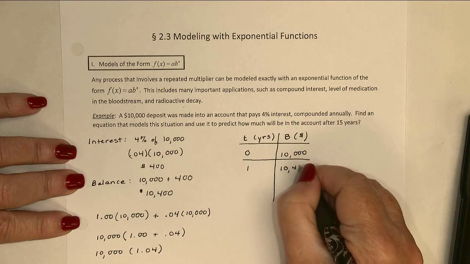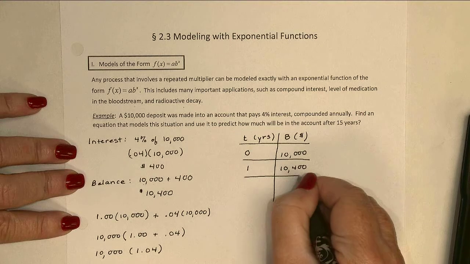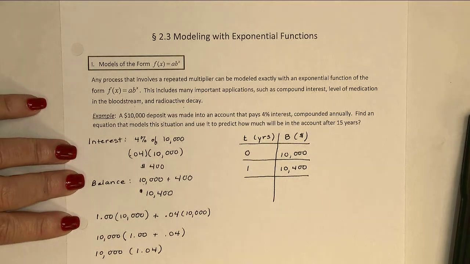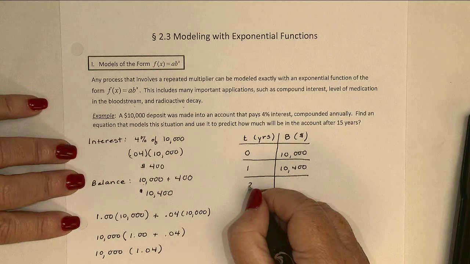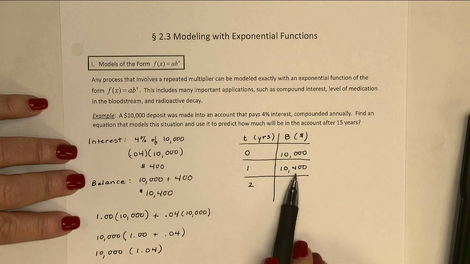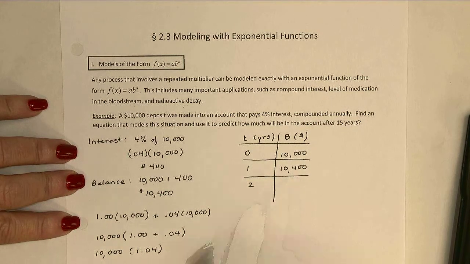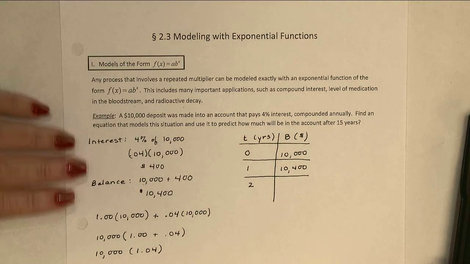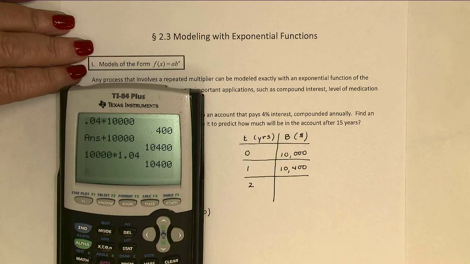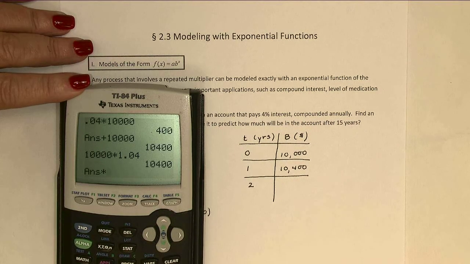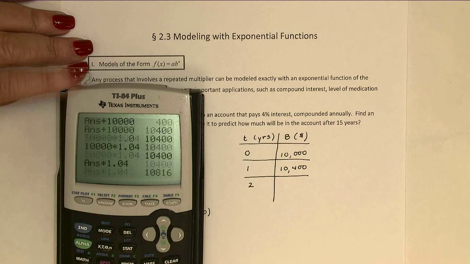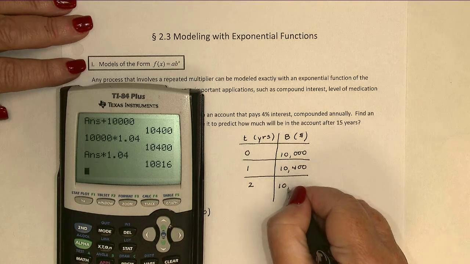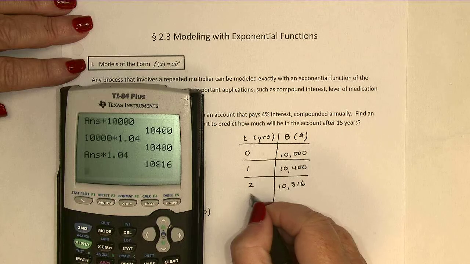And then by the end of the second year, we'll have earned interest not on 10,000, but on 10,400. So using this idea that I keep 100% plus an extra 4%, I can just take that 10,400 and multiply it by 1.04. And there's my balance at the end of 2 years. And I'll do one more.